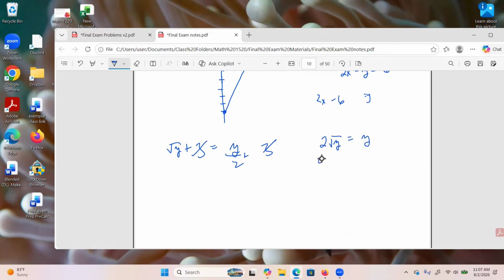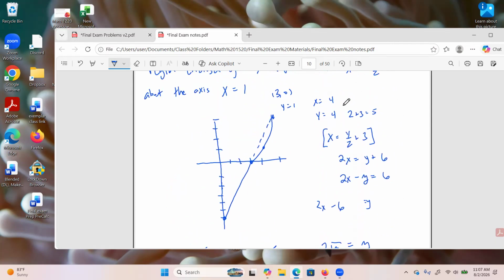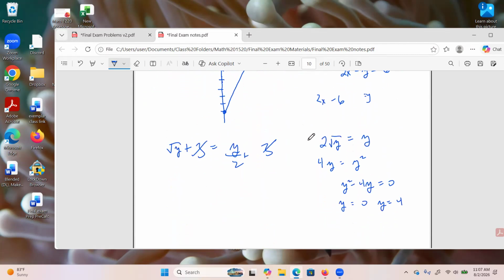Square both sides: 4y equals y squared. Then y squared minus 4y equals 0, so y is equal to 0 and y is equal to 4. That's what we found with the drawing anyway. So it worked out.